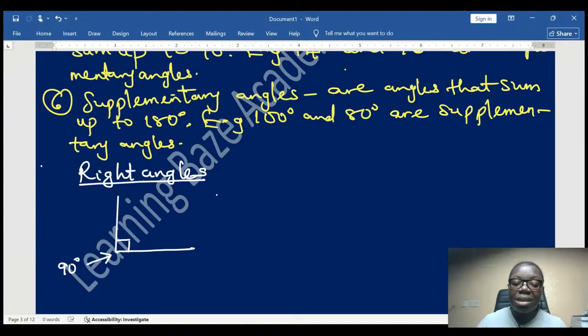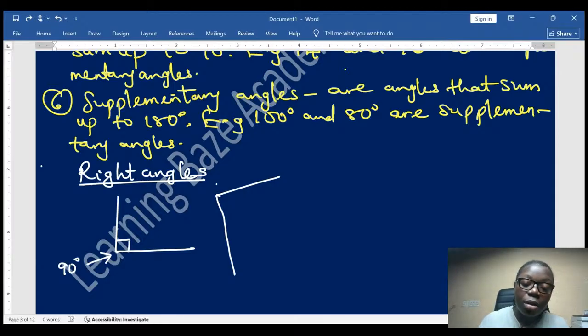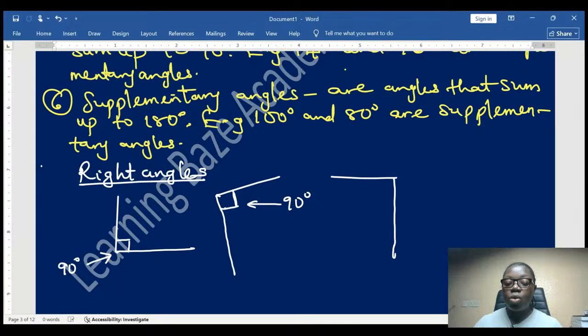Sometimes we can decide to bend the angle. You don't have to be confused, just look for that symbol that is always at the corner. So this is the 90-degree symbol. Let me draw an arrow to show it to you. That is also angle 90 degrees. Sometimes it can be drawn this way also.